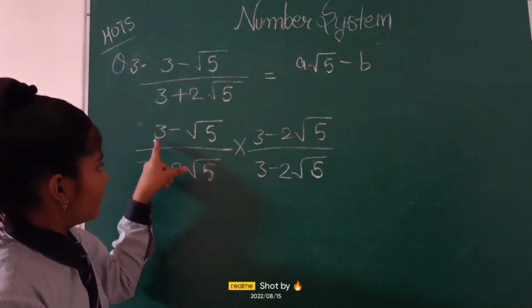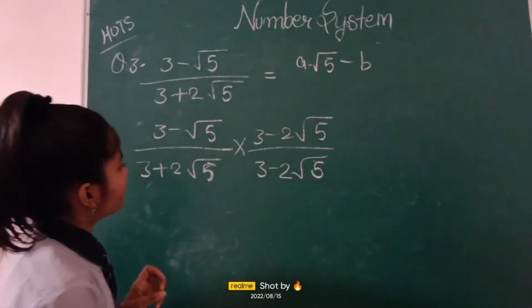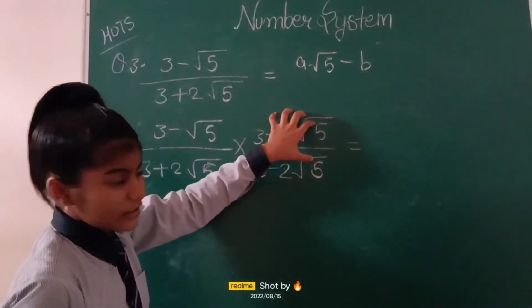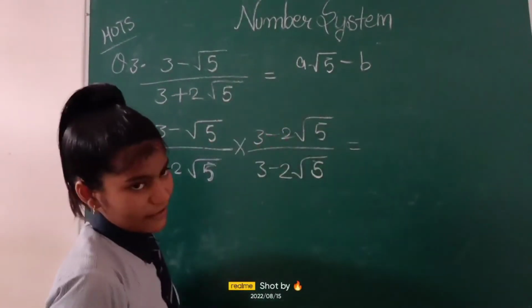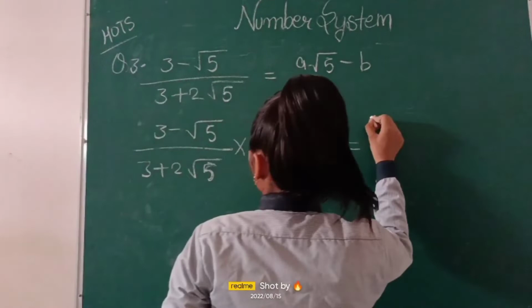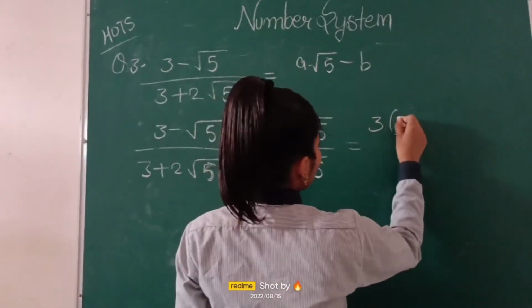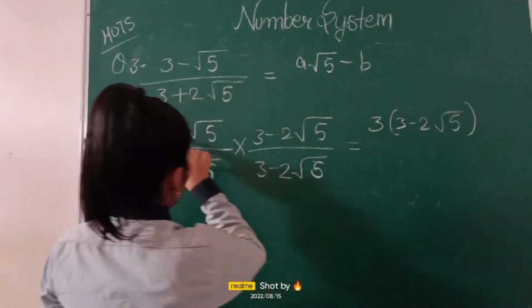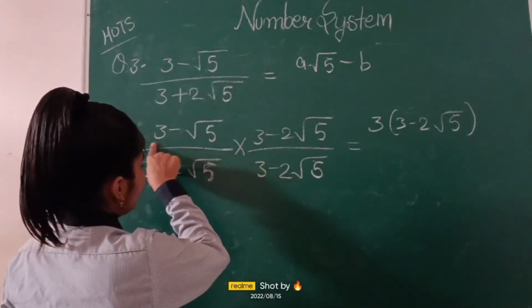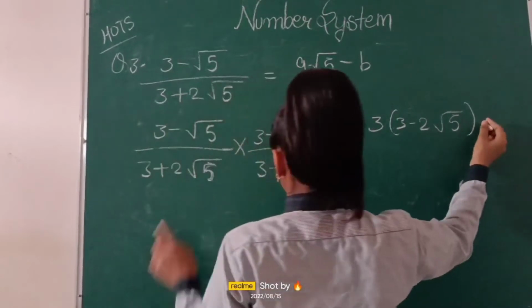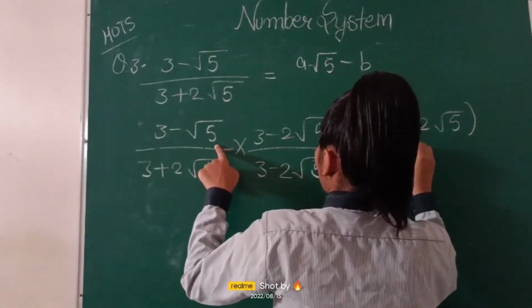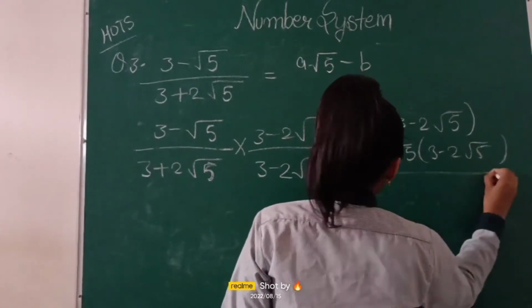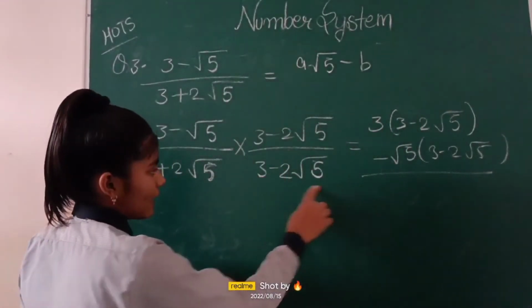Firstly see here, this term is multiplied with this, then this term is multiplied by this. So we will get 3 into (3 minus 2 root 5), then minus under root 5 into (3 minus 2 under root 5).